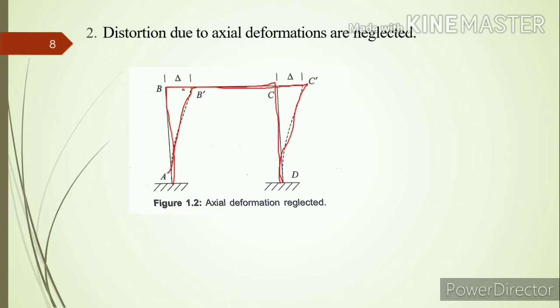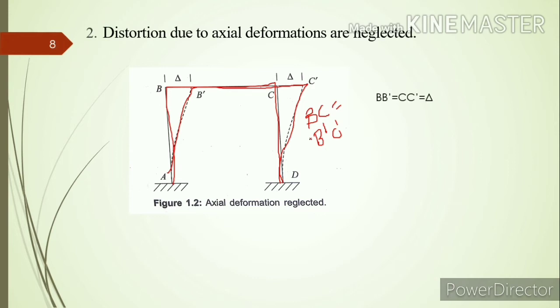So here the member BC is changed to new position B'C'. The member BC will be equal to B'C'. There is no axial deformation. Otherwise, the axial deformation will be very small and hence it is neglected.